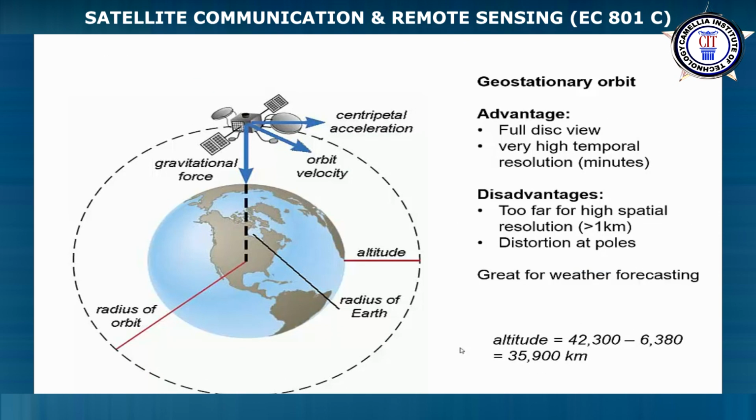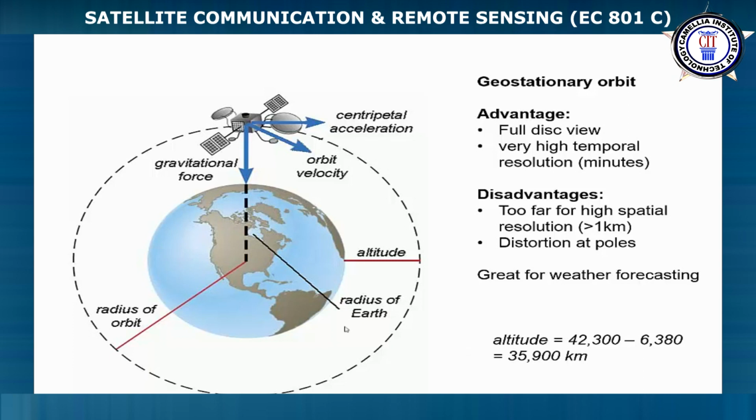Now we will discuss the advantages of the geostationary orbit satellite. We can have a full disk view of the Earth from the geostationary orbit satellite. It provides very high temporal resolution, in minutes, so it can be used for weather forecasting.